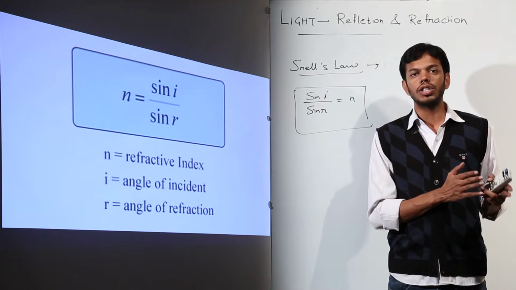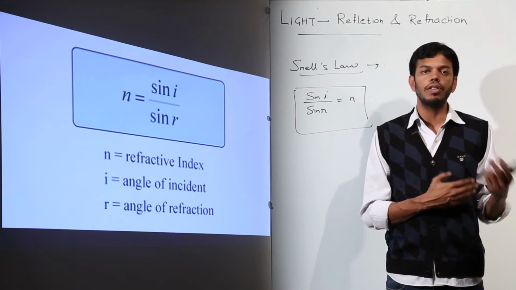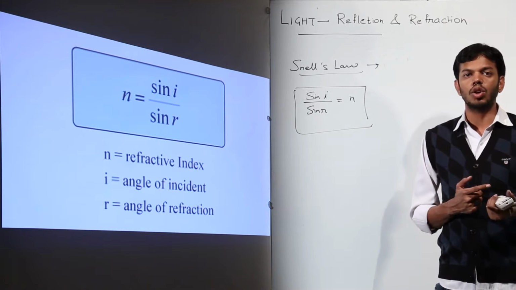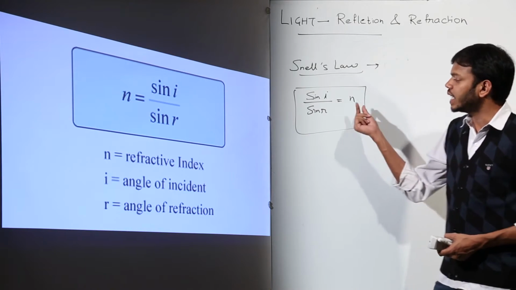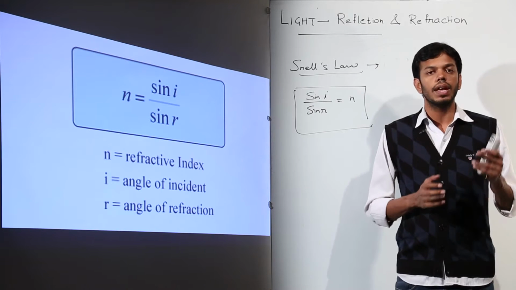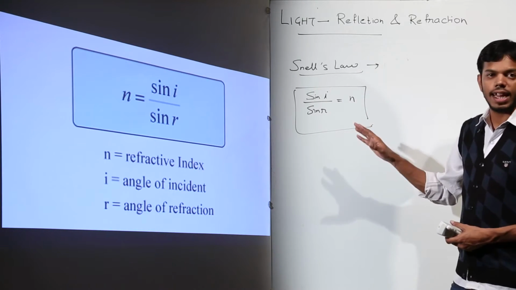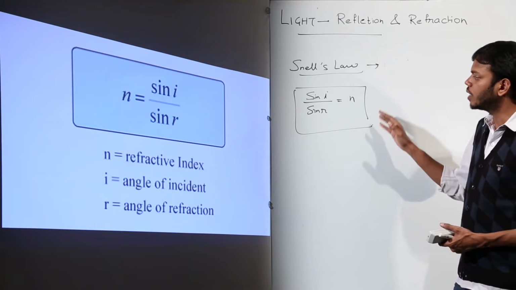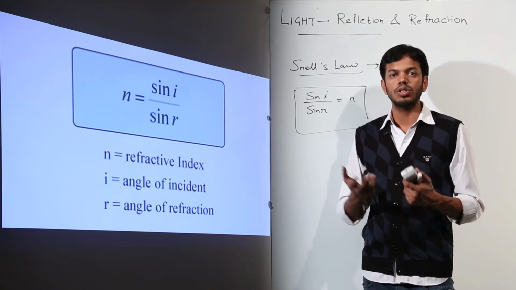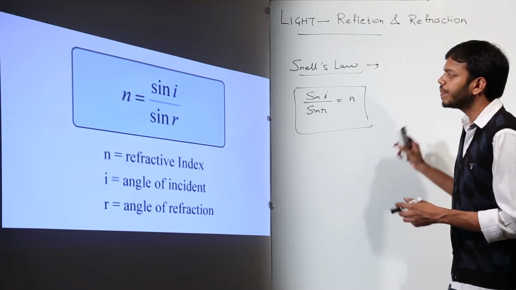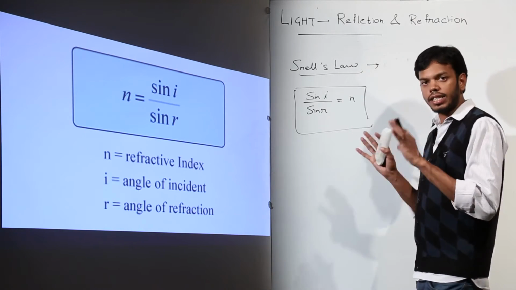Diamond is stronger because of its density. The more the density, the stronger the material. So the diamond will have a very high refractive index, and hence a very large refraction will happen in diamonds, whereas a glass slab will have a lower refractive index corresponding to its lower density.